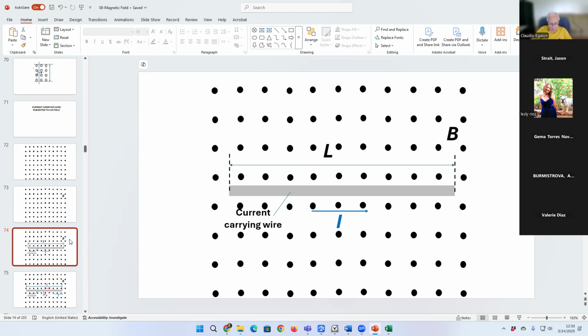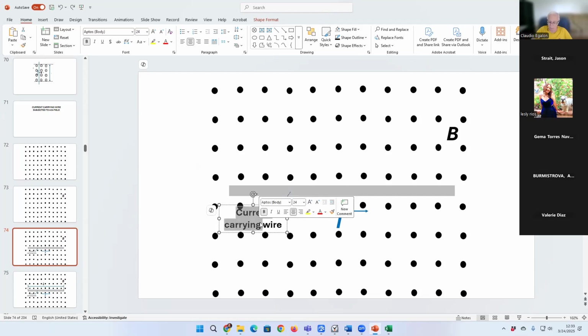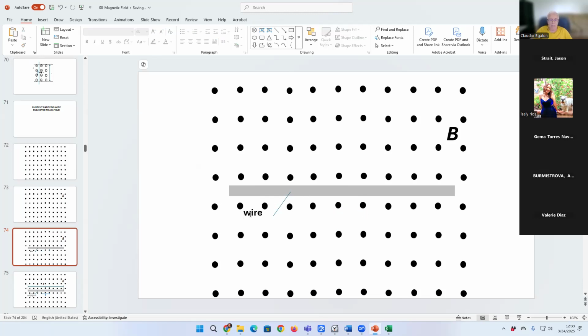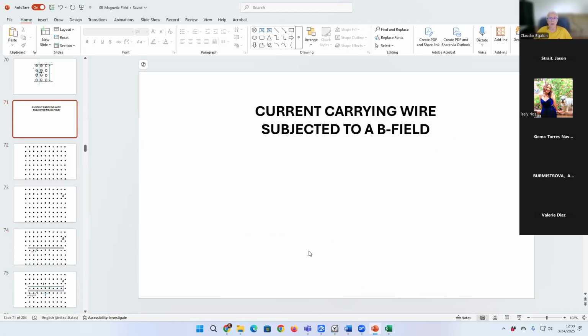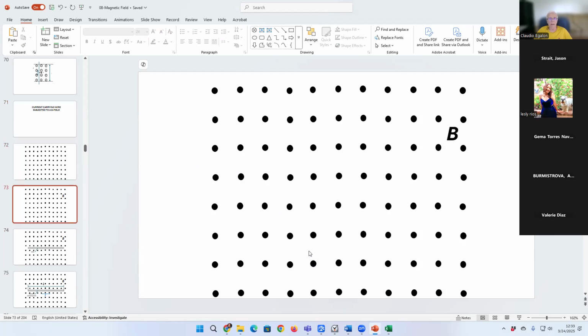Next, let's put more steps here. I put my current carrying wire first, a piece of wire, subject to the B field. I'm labeling the B field and the wire.